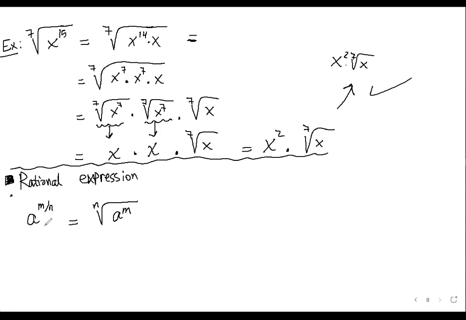I can change the look of this one as a radical. a to the m over n is the same as the nth root of a, everything to the m.